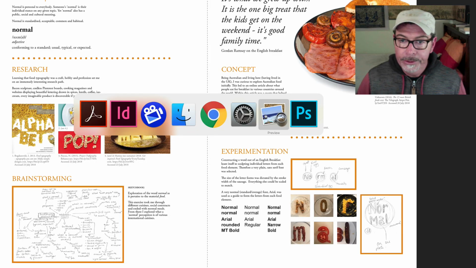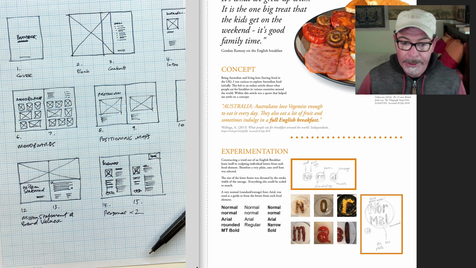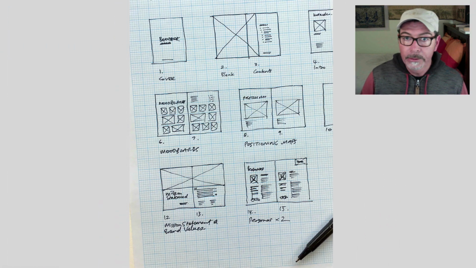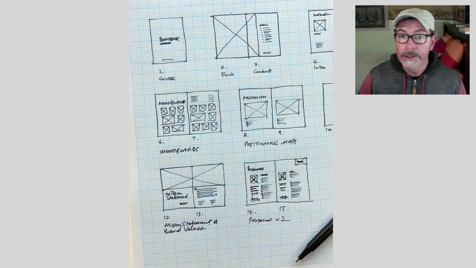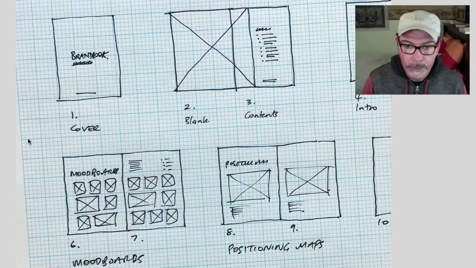What you want to do first, in my opinion, is sit down with a pen and a piece of paper, and just do a little bit of sketching. So in this image here, I've got a very quick sketch of roughly the shape of the pages, and I've just written cover, blank, contents, mood boards, positioning maps.